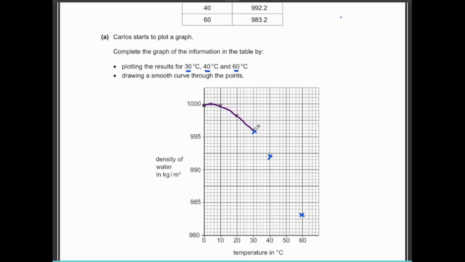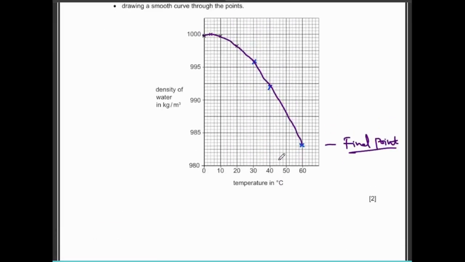It's a kind of freehand drawing, so you can mark it like this. Remember not to touch at 0 here, it should be up to here, so this is your final point. Don't exceed it beyond this because the examiner did not ask anything beyond this, a very important part. So that's how you get your 2 marks here.